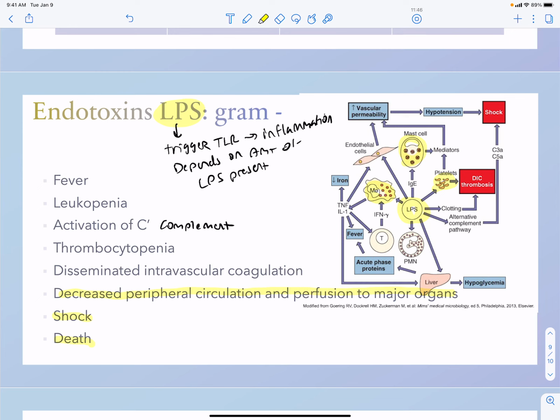So if you have a systemic release of LPS, you're going to have a systemic activation of mast cells and macrophages. And so again, this is just going to lead to overactivation of your immune system, overproduction of cytokines and different mediators of the immune response, and this overwhelms your body.